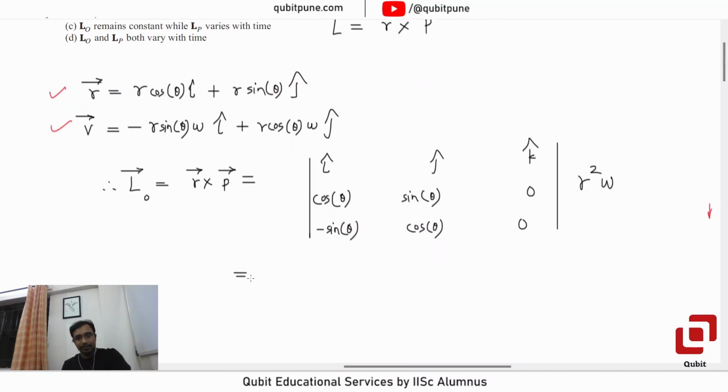Now look, theta is changing with time, but does this determinant's value change with time? 0 i minus 0 j plus cos squared theta minus sin squared theta, that's not going to change, that will be plus k cap. I forgot to multiply this by mass, but that is not going to play any role. So that is constant in both magnitude and direction. So it doesn't vary with time.